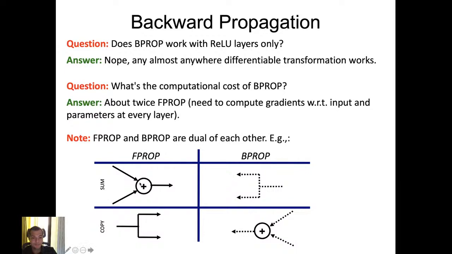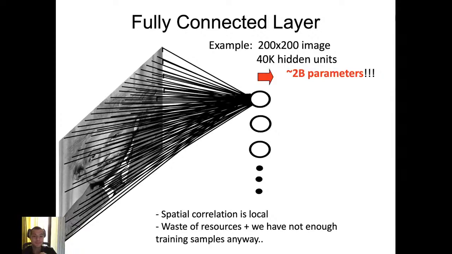Okay, and we apply the forward pass and the backward pass in alternating steps in order to train our neural network.